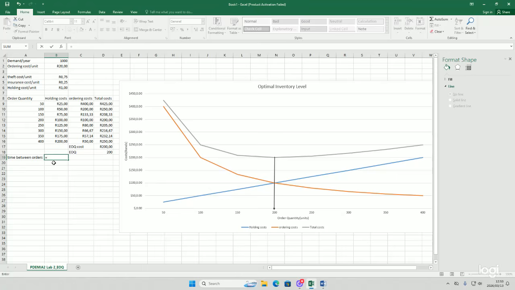It's your EOQ over the demand. Your EOQ cost, that's your time between orders. So EOQ cost, and then you divide by what? By your demand.